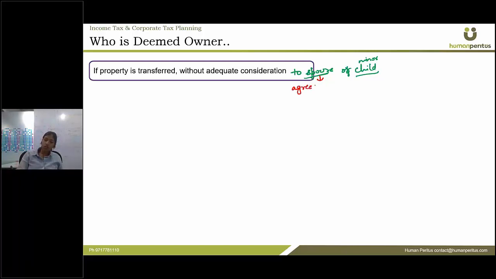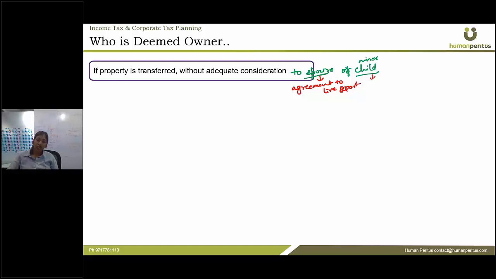But there are a few exceptions. If the spouse gets the property because of an agreement to live apart, such as a divorce or a fight after which they agree to live apart, and according to that agreement the SSC is liable to give property to the spouse, then he is not the deemed owner. But in other cases, when they are living together and there is no such agreement, he will be the deemed owner.